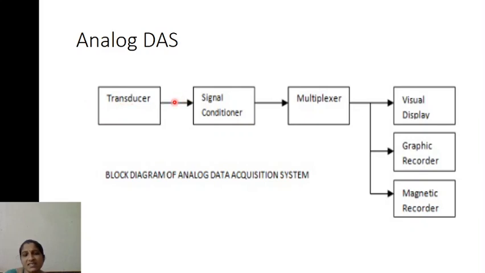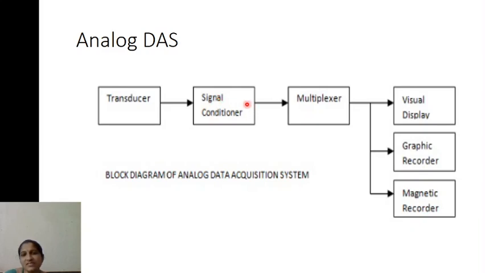That electrical signal is conditioned using the signal conditioner. Conditioning is needed because the signal obtained from the transducer might be very weak, or it might have some harmonics. If it has harmonics, it will filter the data, and if it is weak, it will amplify the data. Everything is done by the signal conditioner.